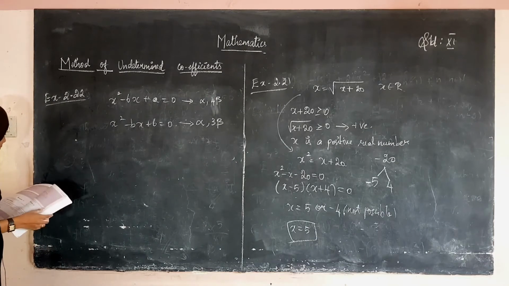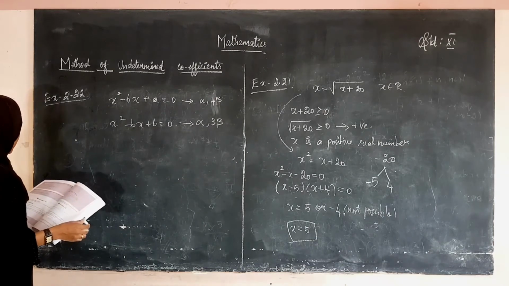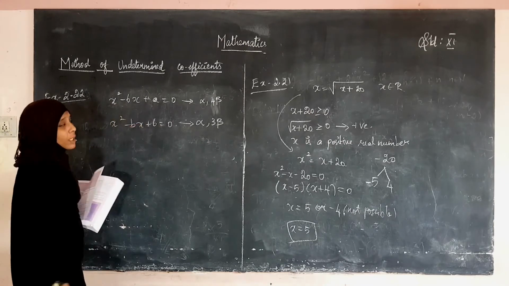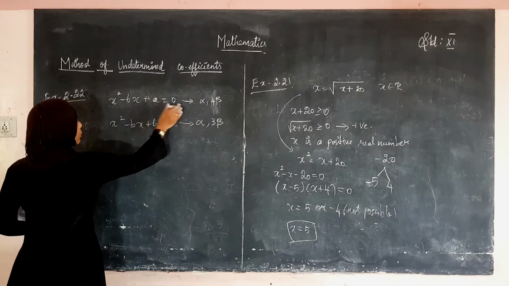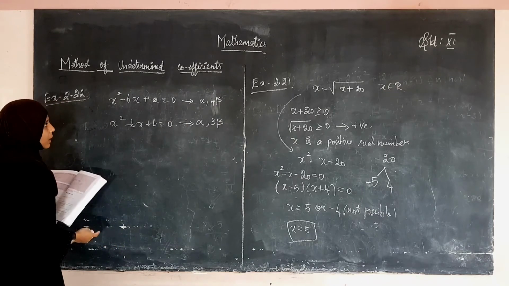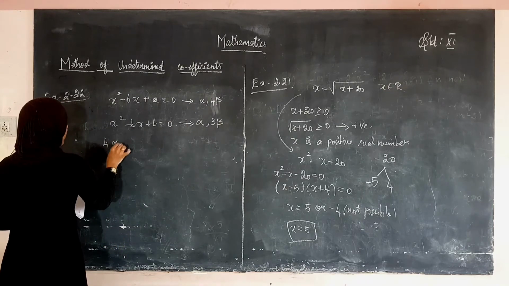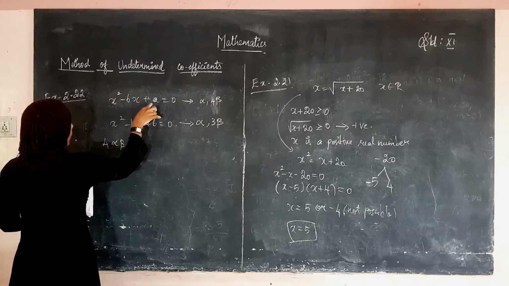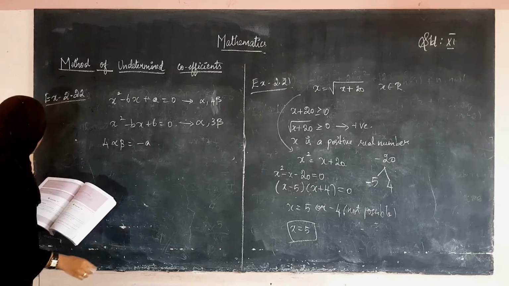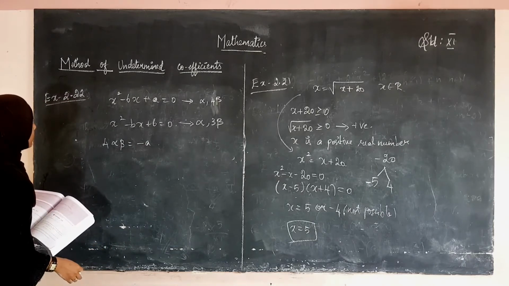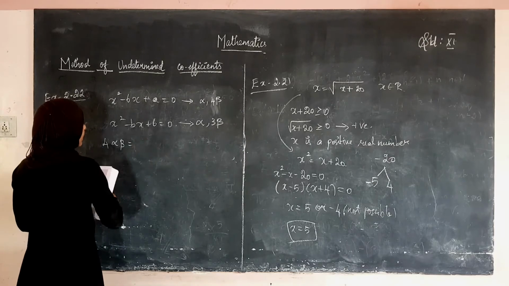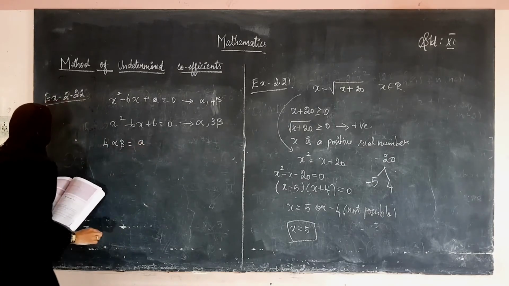Now see here. From this equation, how can we find the product of the roots? Product of the roots is alpha into 4 beta, which becomes 4 into alpha beta, which is equal to c by a, so the value is a alone.